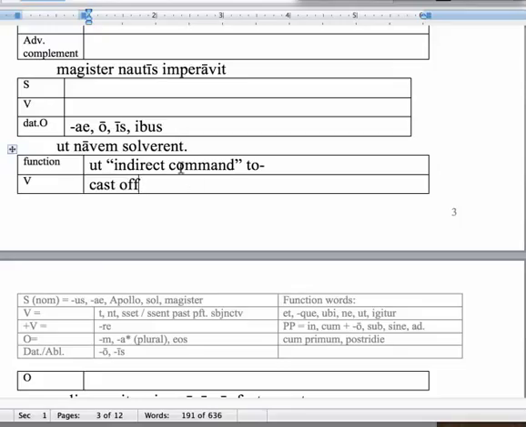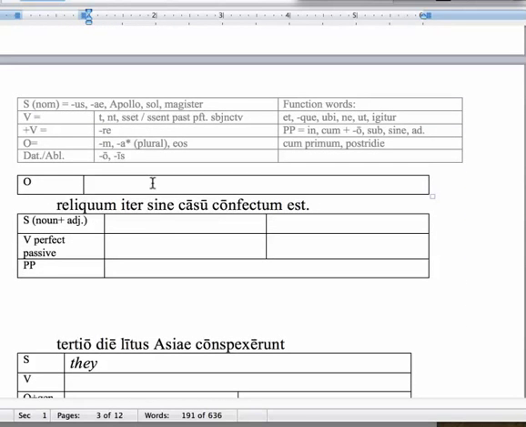Okay, so it's convenient to just leave off the subject in English. Okay, so the subject are these two words, reliquum iter. Sine casu goes together, it's a prepositional phrase. Confectum est is the perfect passive, so both words are here, confectum and est.